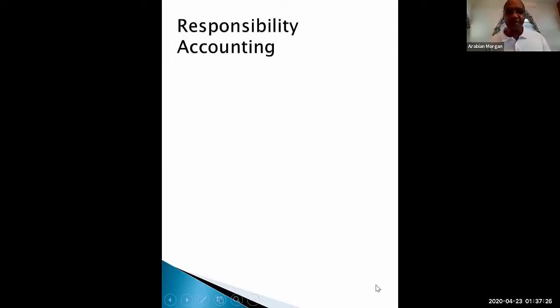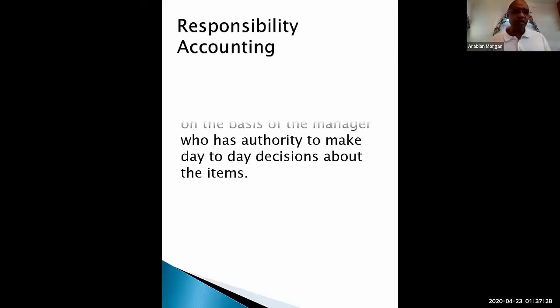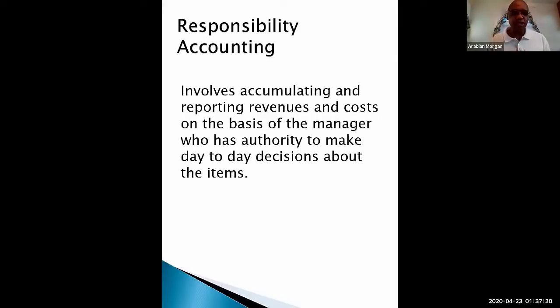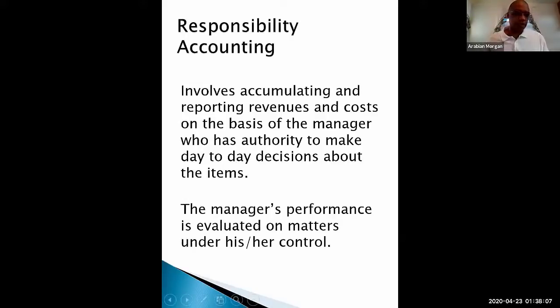So responsibility accounting. This involves accumulating and reporting revenues and costs on the basis of the manager who has authority to make day-to-day decisions about the items. So write this down. I'll talk a little bit about it next. And I wrote here, the manager's performance is evaluated on matters under his or her control.